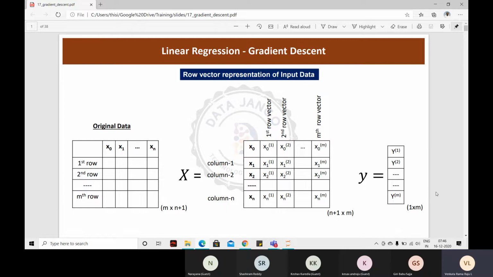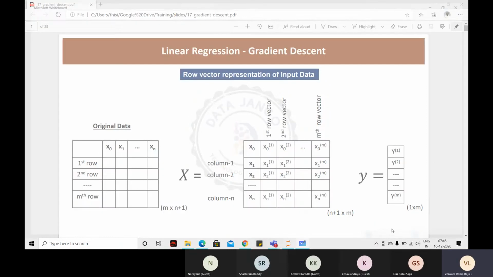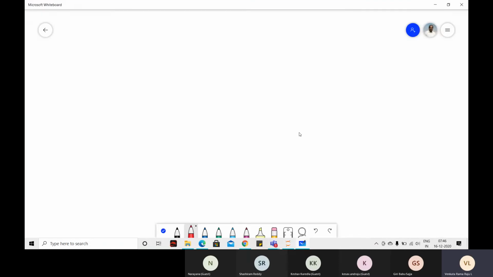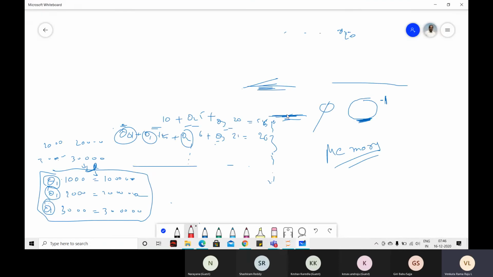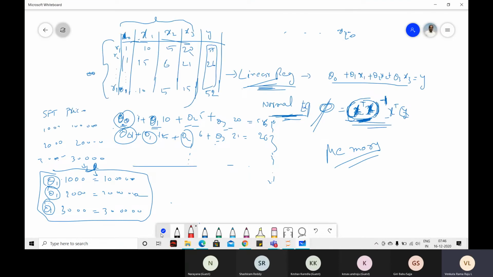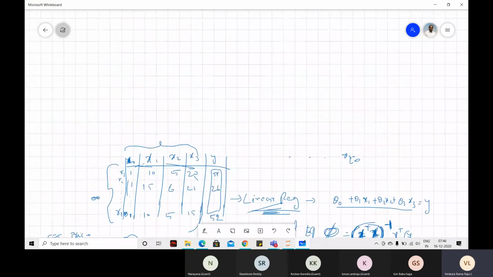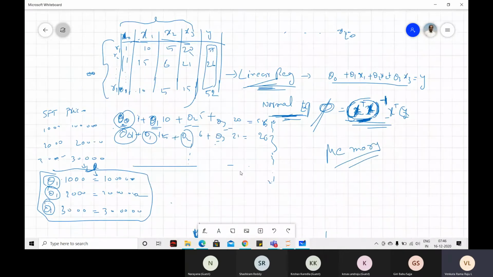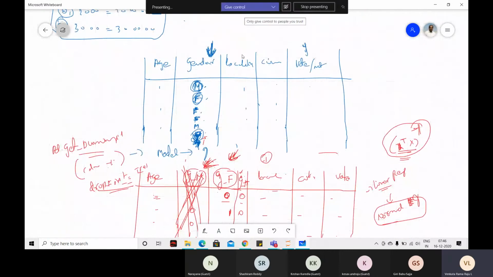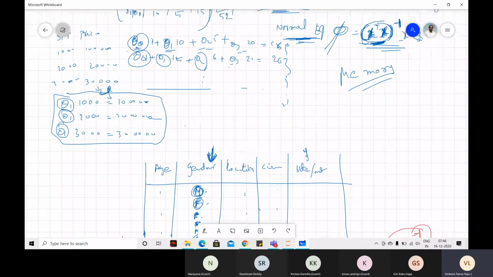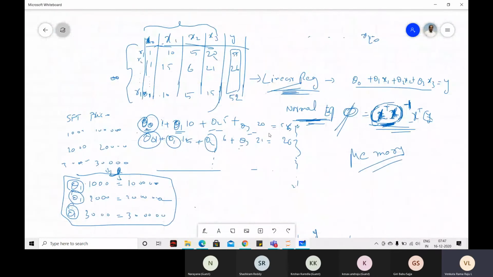The way stochastic gradient descent works, let me take a whiteboard and explain. Yesterday, they took the whole data and formed the equations.